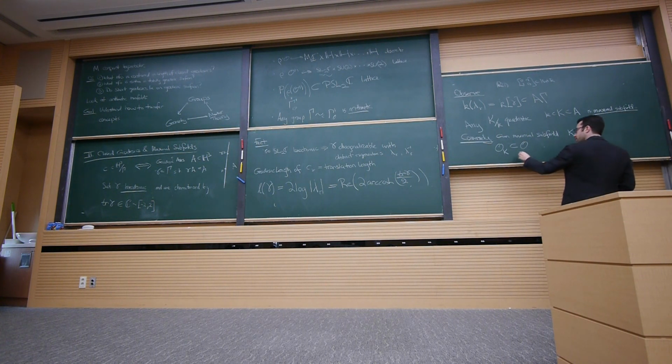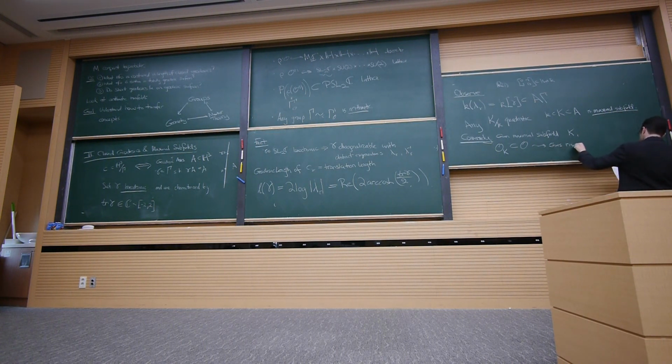There's some fine print, but it sits inside of the order. And so this gives rise to loxodromic elements when you do this whole big procedure in Gamma 1.